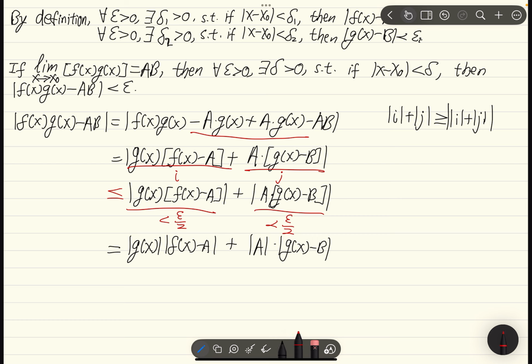So by definition then, I'll just write this here.